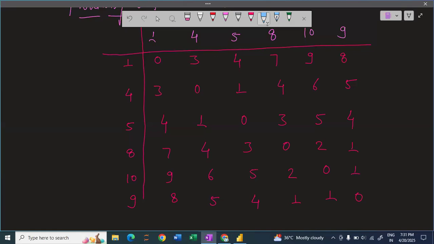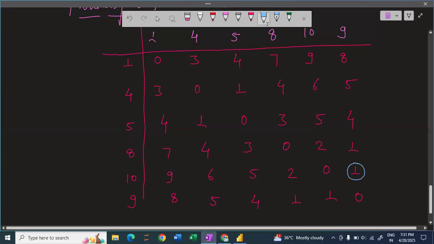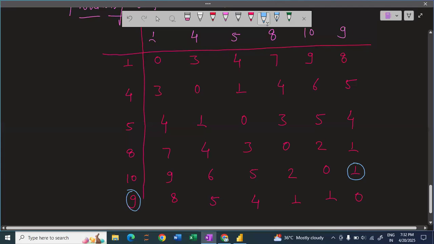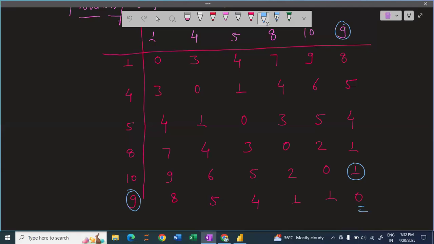In total, how many data points do we have? 1, 2, 3, 4, 5, and 6 data points. So the minimum distance: 10 and 9, 0, right? 0 is not called the minimum distance. 0 means we are subtracting the same data point, 9 and 9. So with respect to other data points, what is the minimum difference? That is 1, right?